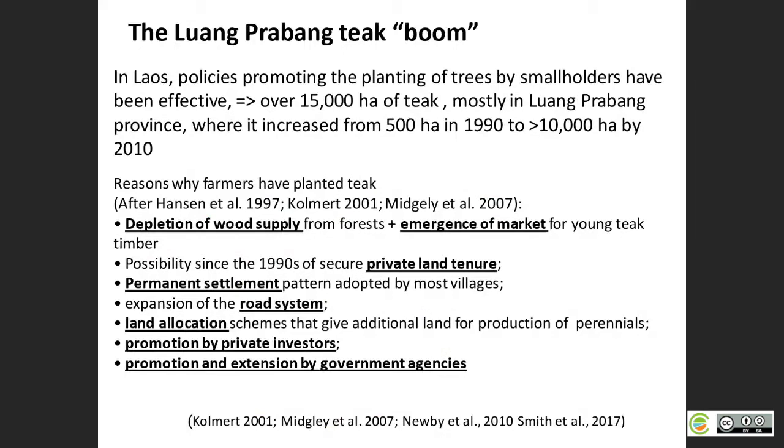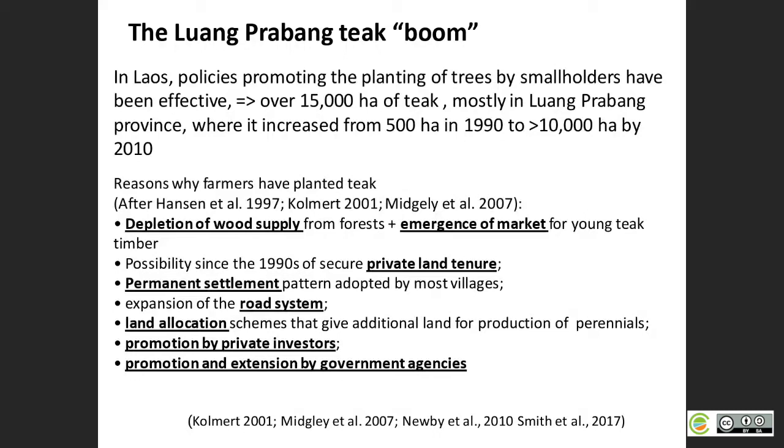And what happened started to happen after they started the monitoring: what they call the teak boom in this part of Laos. Basically, it was initially an incentive from the authorities to diversify the production, including the production of teak, which is used for your furniture in the garden.